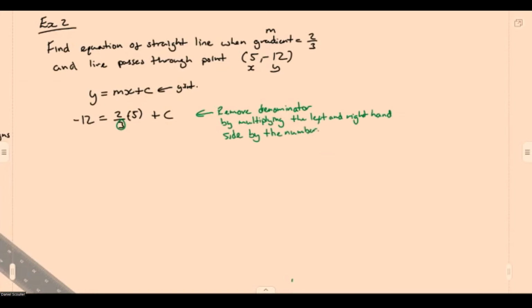So remove that denominator by multiplying the left-hand side and the right-hand side of that equation by that denominator. Okay, so I'm going to multiply the left-hand side by 3, and then I'm going to do the right-hand side by 3.